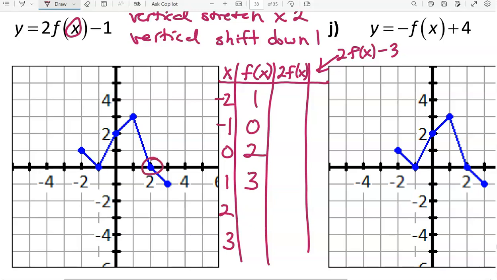F of 2 is 0. F of 3 is negative 1. Finally, the last two columns just perform those operations. So we're going to multiply all the values by 2. And then subtract 3 from each.